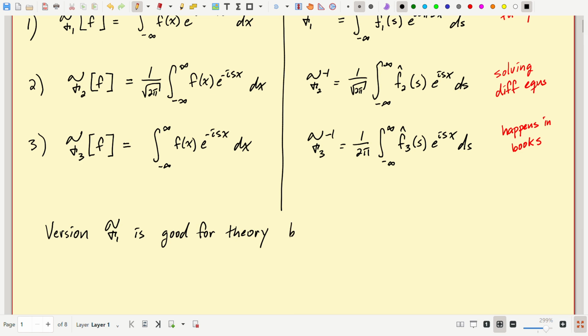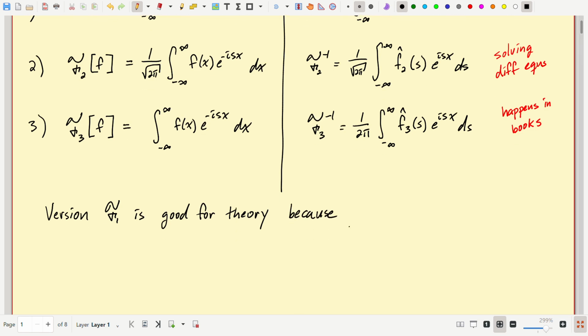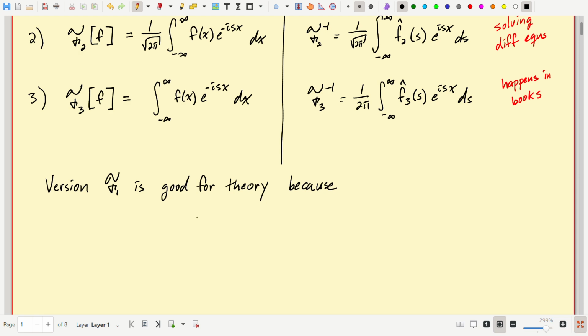It's good for theory because, conveniently, the Fourier transform of this famous bump function, e to the minus pi x squared, is basically itself.